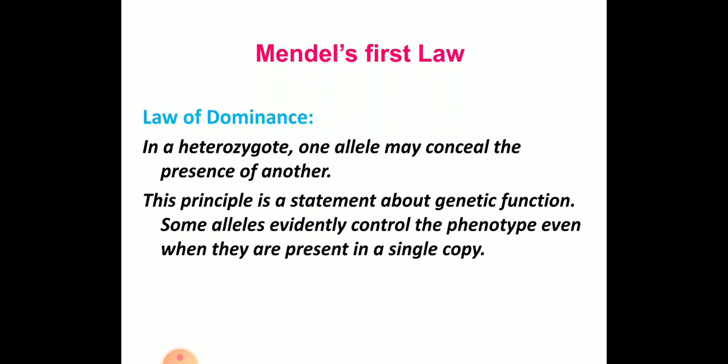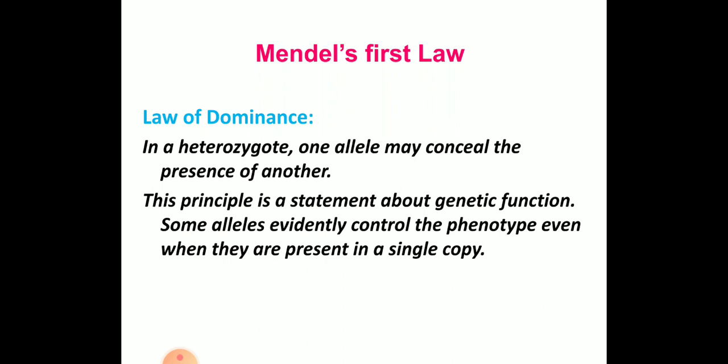So you know the difference between homozygous and heterozygous: homozygous means the same condition, heterozygous means they are different. This principle is a statement about genetic function, and it tells us some alleles evidently control the phenotype even when they are present in a single copy.